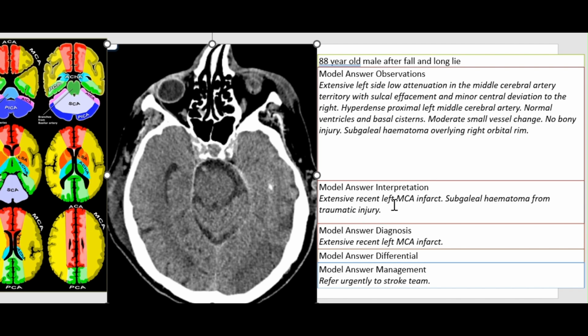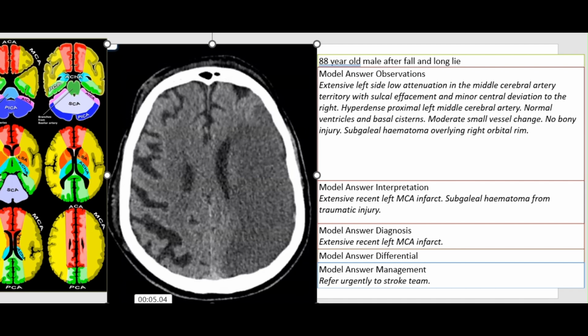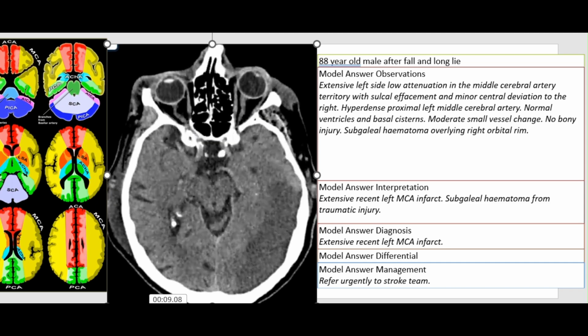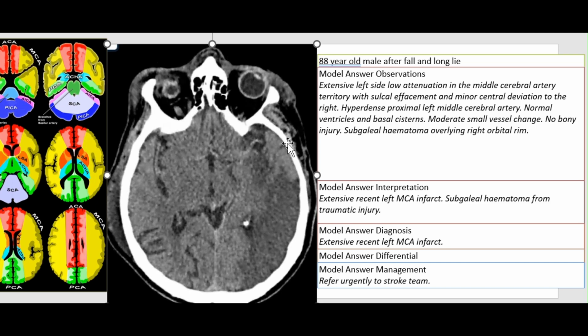So the interpretation here, I have hyperdense vessel sign, the hyperdense vessel sign, along with the hypoattenuation in its territory.